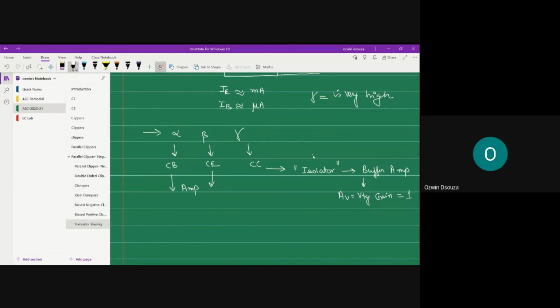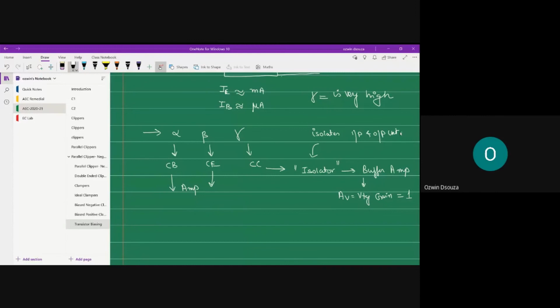Isolator in the sense that it isolates the input and output circuit, just like your transformer. You remember your transformer is a magnetically coupled device. The input of the transformer is connected to the source and the output is connected to the load.